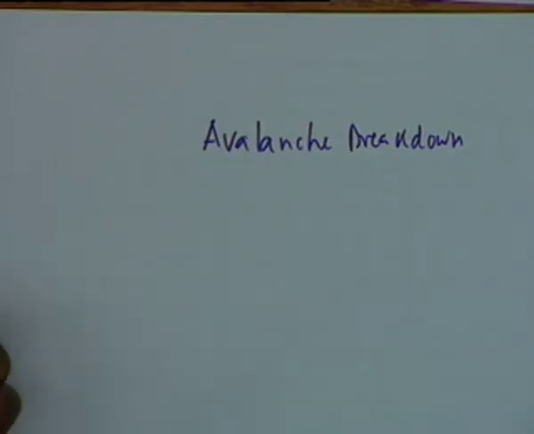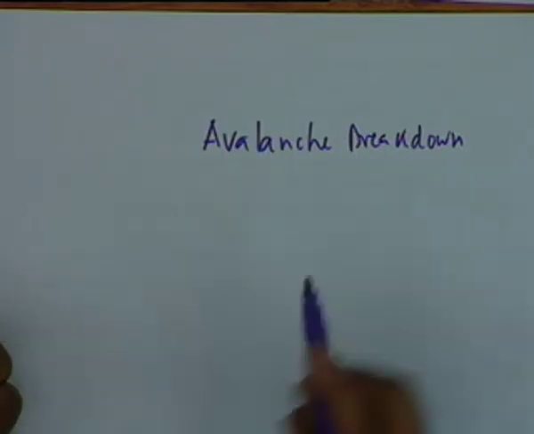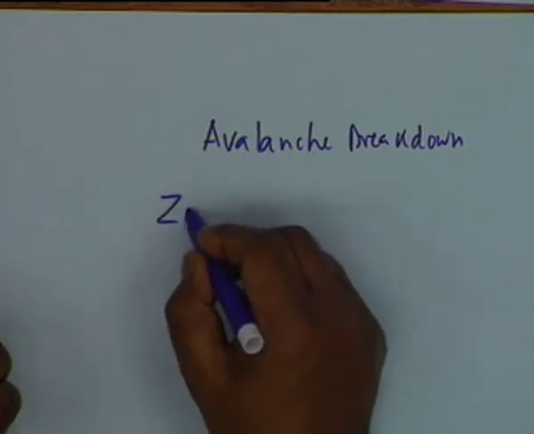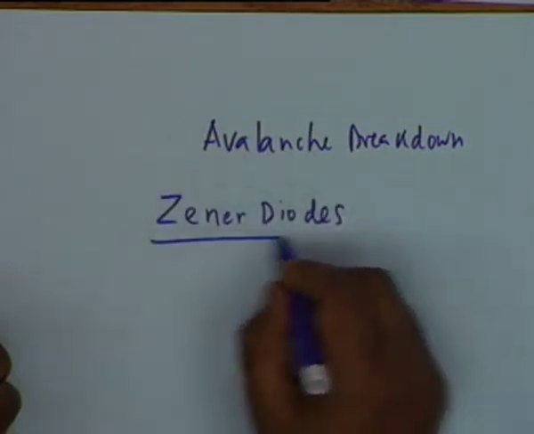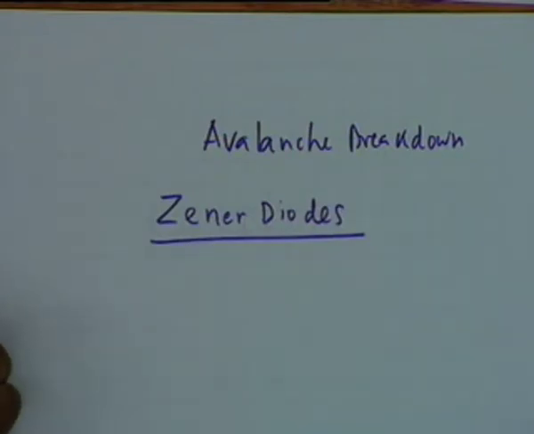However, the Zener effect is more popular because it can be precisely controlled. Avalanche breakdown is not as precisely controllable as Zener breakdown.